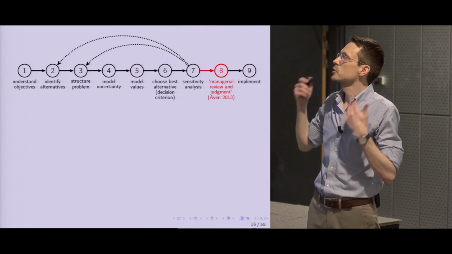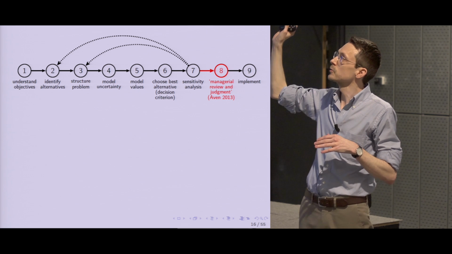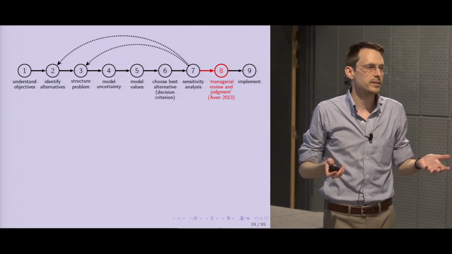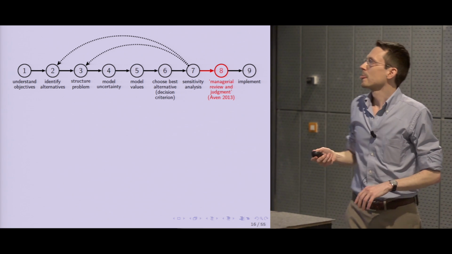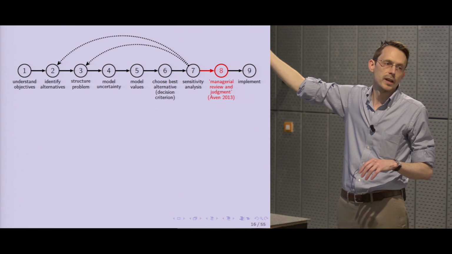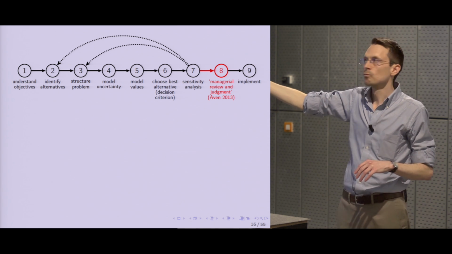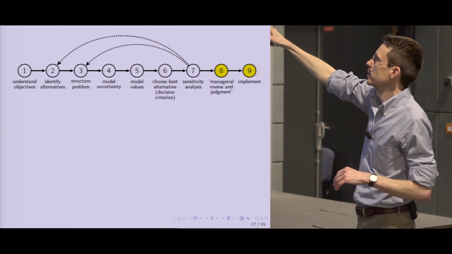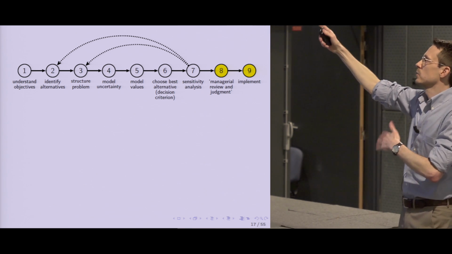They have to exercise some responsibility to look at the whole thing, understand it, judge how much they trust it, and then do something. That's implicit in the original diagram. It will just help me to have that on the page to point to. And other than that, I'm not going to say anything more about that final decision stage or the implementation.